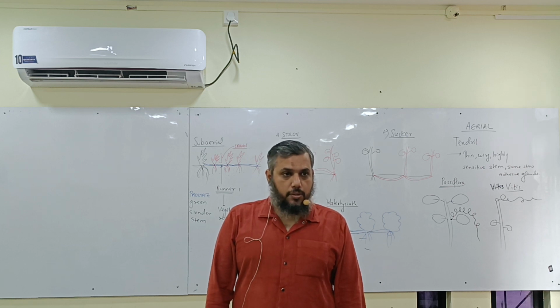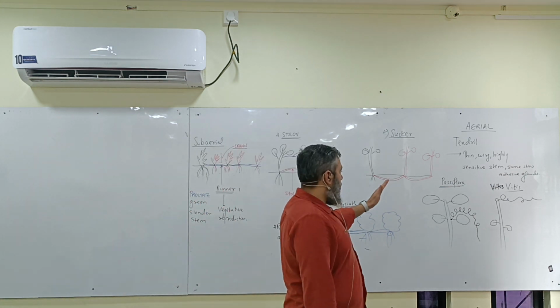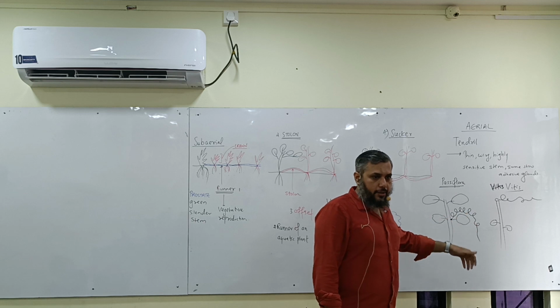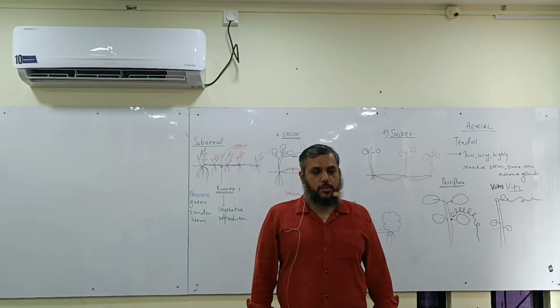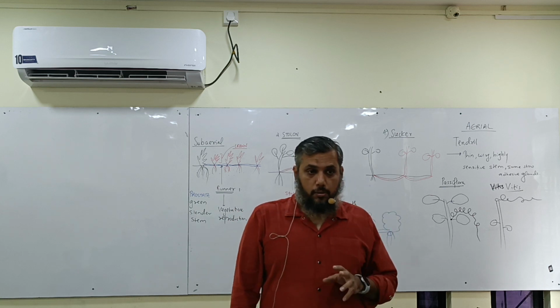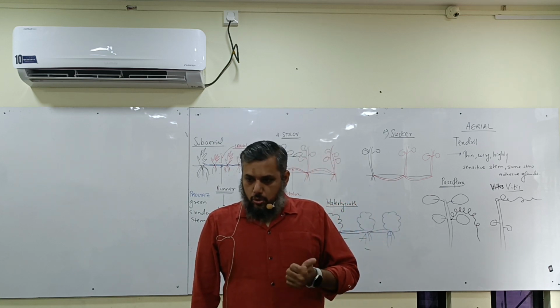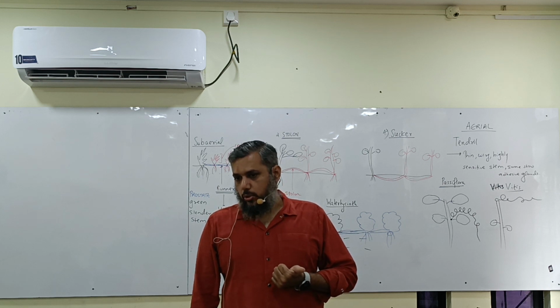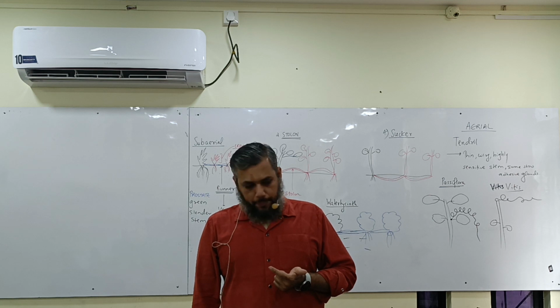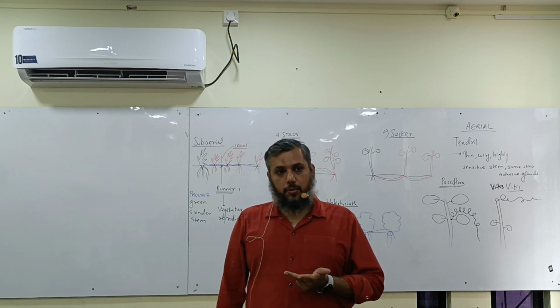Did you understand my question? My question is, why does the passiflora or vitis produce a tendril? That is the question. For mechanical support. Okay, so that is the function of a tendril. So does the tendril store food? No. Does it have vegetative propagation? No. It is for extra mechanical support.